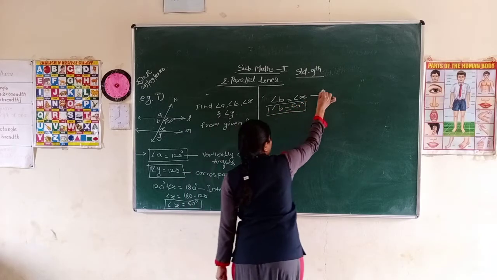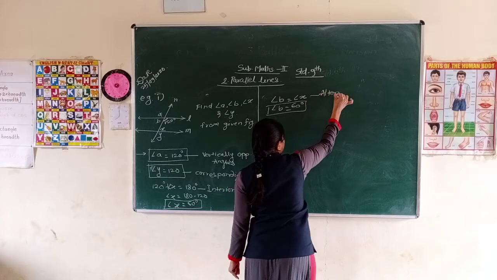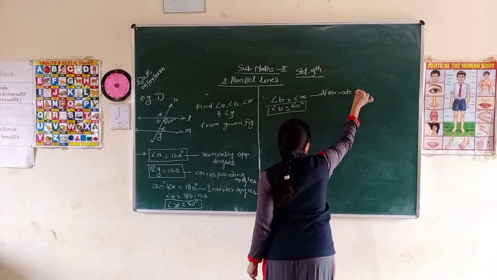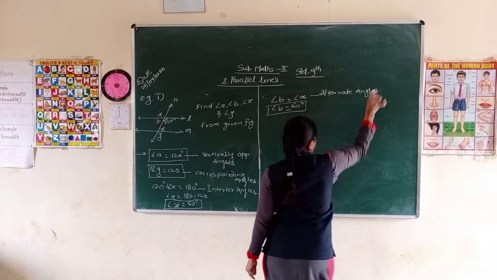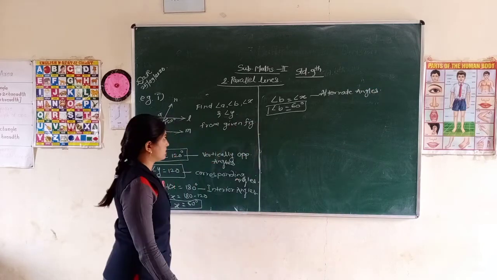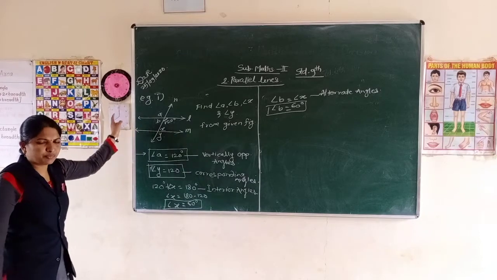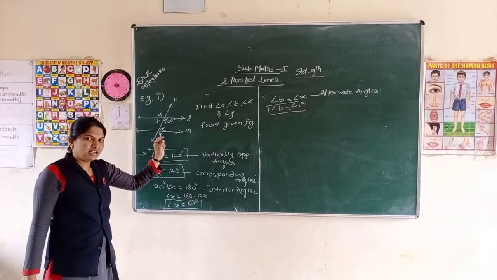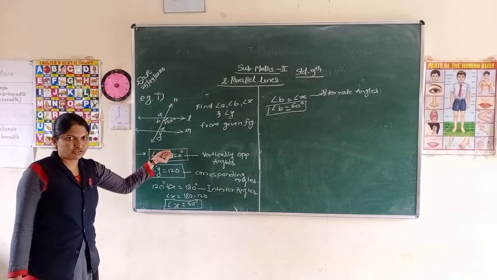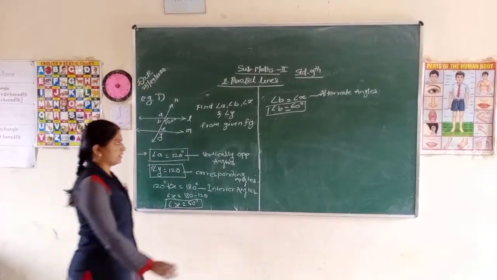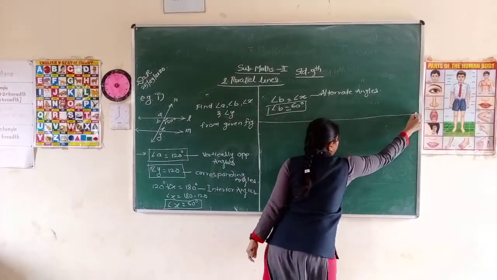Firstly, write here alternate angles. Understood? You have to use only basic properties. You already solved the same types of questions in your 8th standard. Okay, now the second question.